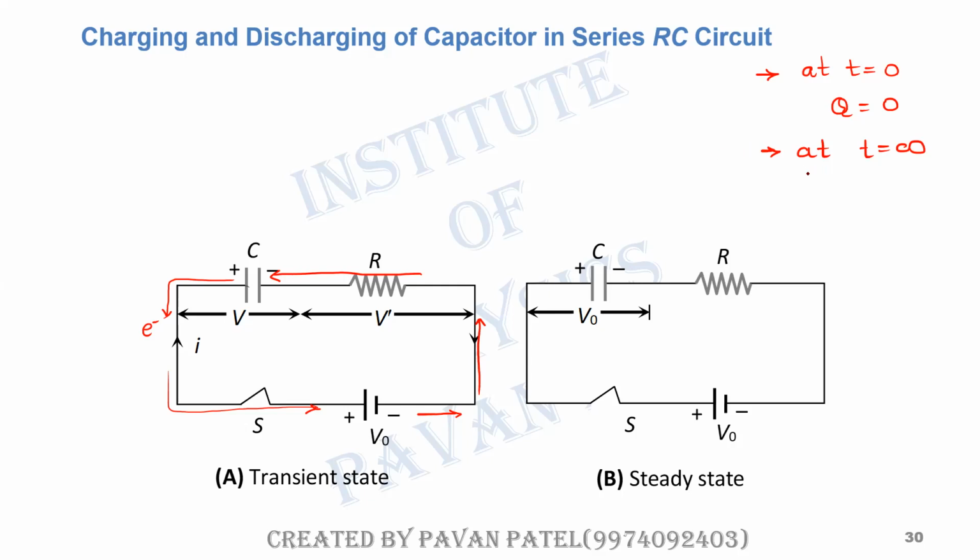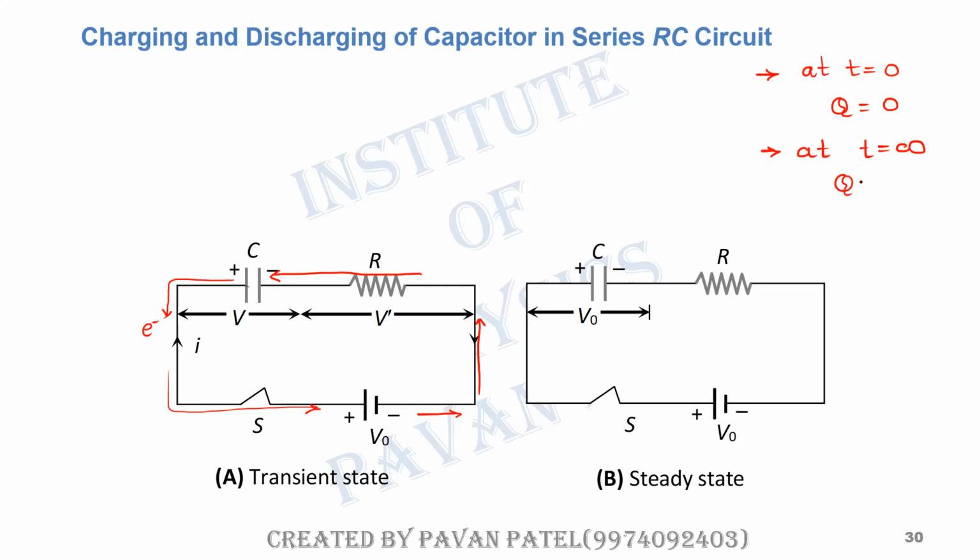Whatever the time may be, the capacitor could be charged after 0.1 seconds, after 1 second, or after 5 seconds. Then 5 seconds is an infinite time for the capacitor. Infinite does not mean a very long time period. It means give enough time.